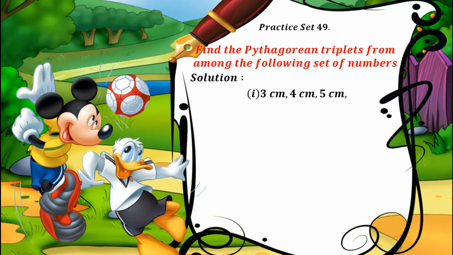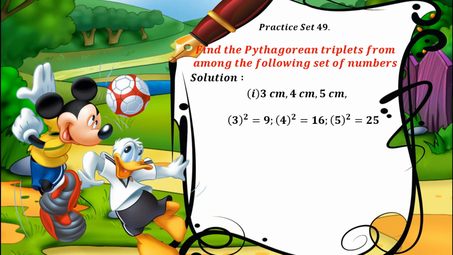Here are the numbers 3, 4 and 5. We have to check whether they are Pythagorean triplets or not. So 3 raised to 2 is equal to 9, 4 raised to 2 will be 16 and 5 raised to 2 will be 25.